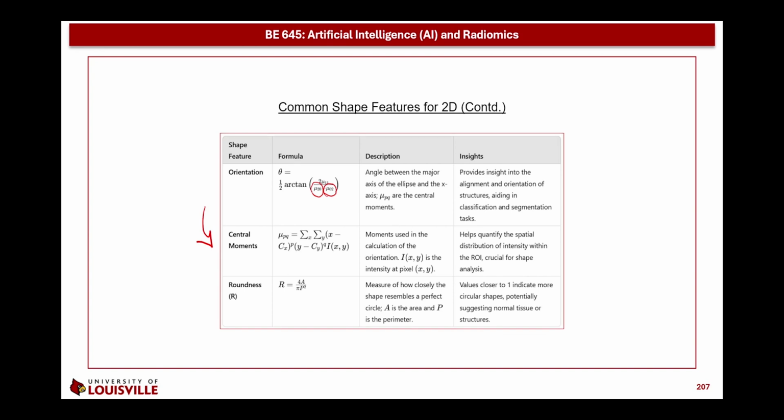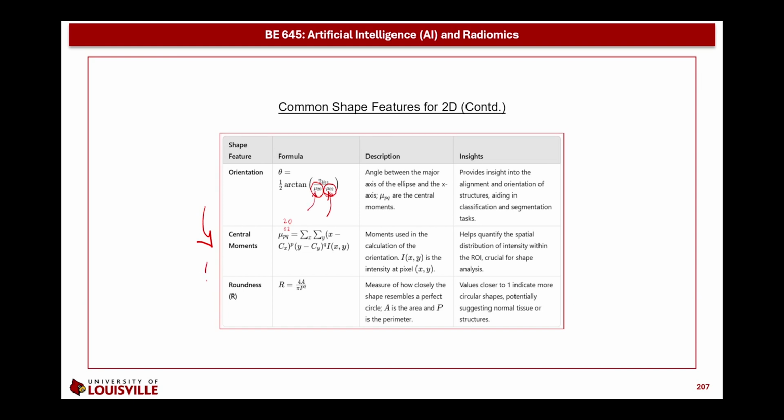And the central moment will help quantify the spatial distribution of intensity within the ROI. So simply, if we substitute p by 0 and q by 2, we will get that value of mu. And if this value is 2 and this value is 0, we will get the first value.